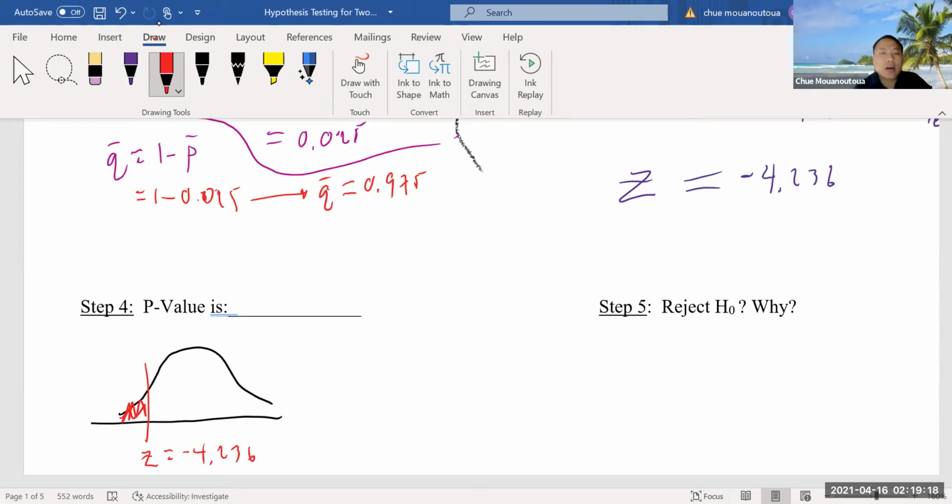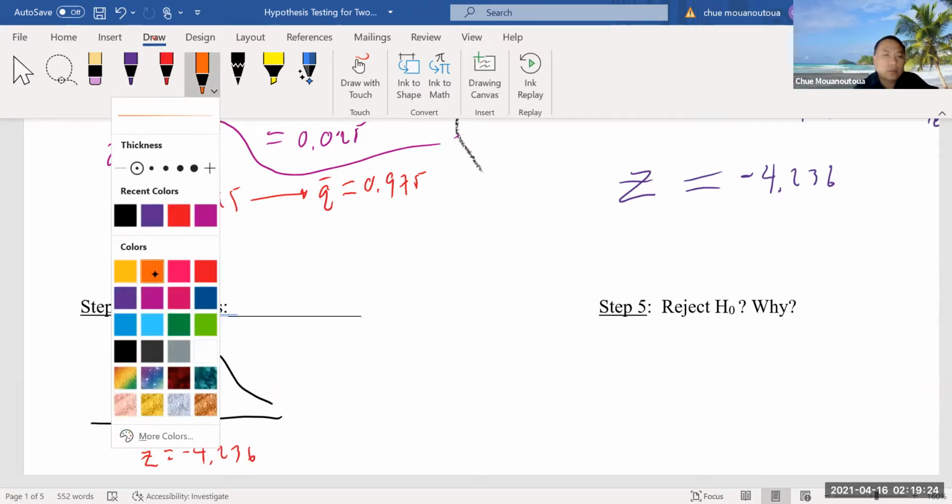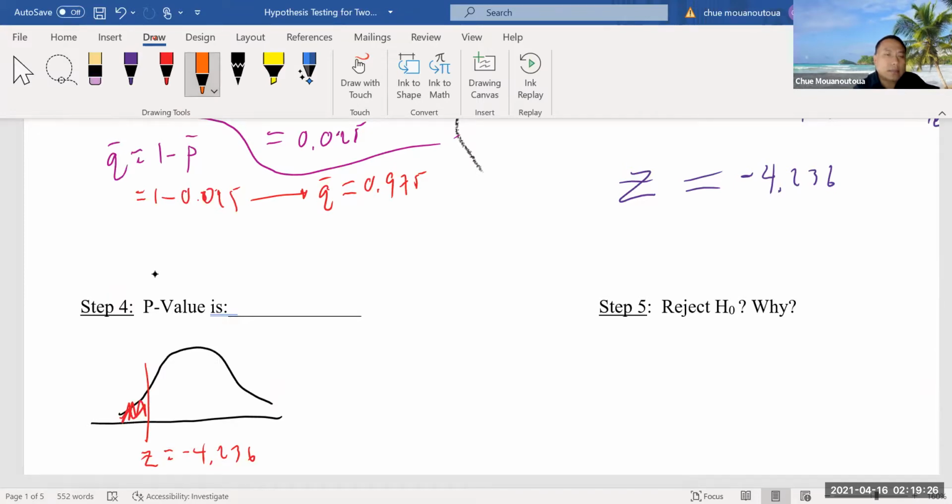If I got that Z, the area on the left that I just drew is always the p-value, okay?